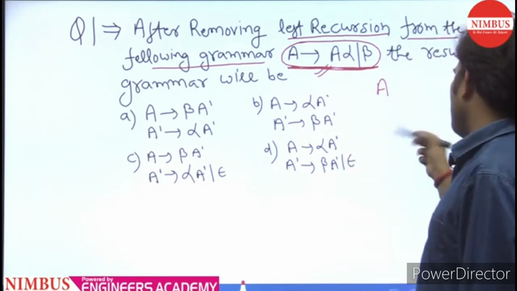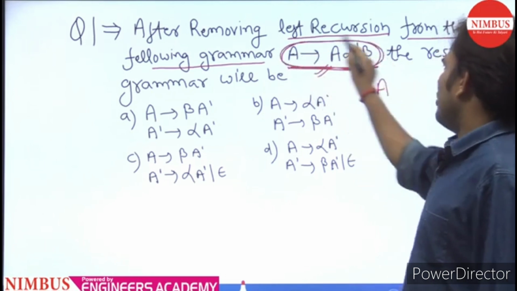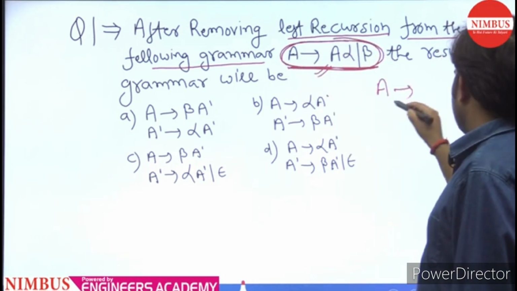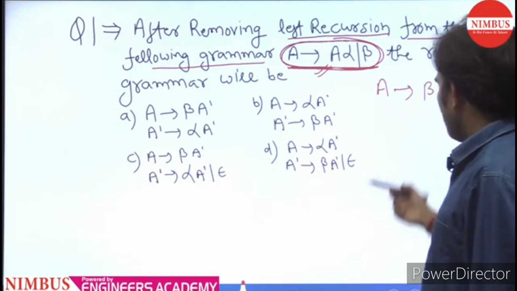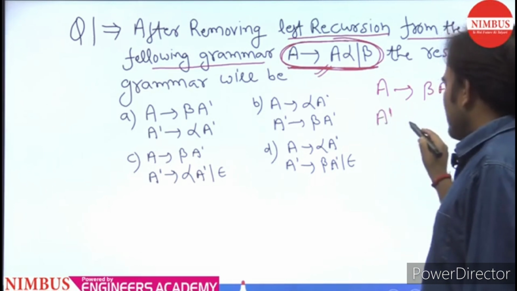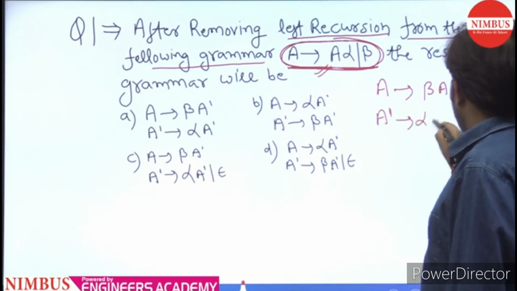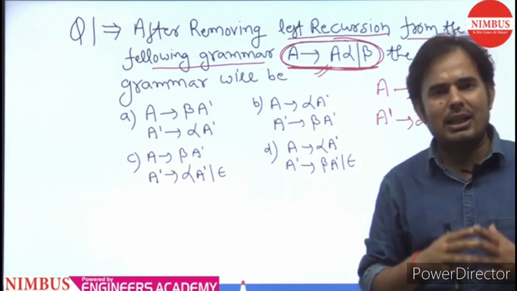And what are these two new productions which we need to add at the place of this production? Okay, so A tends to beta A dash. Okay, and after that, A dash tends to alpha A dash slash epsilon.